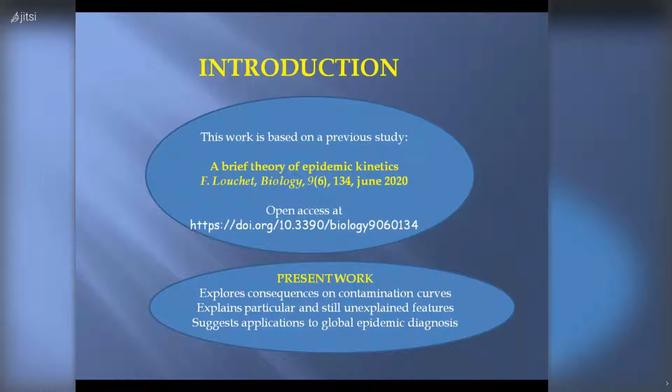In particular, it explains still unexplained features, such as the ECGs I was speaking of previously, and it suggests applications to global epidemic diagnosis. Let's start with evolution kinetics themselves.